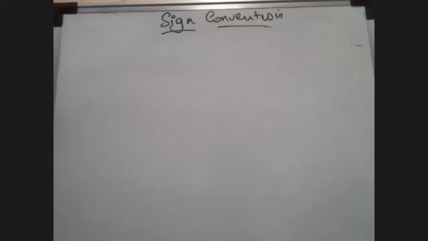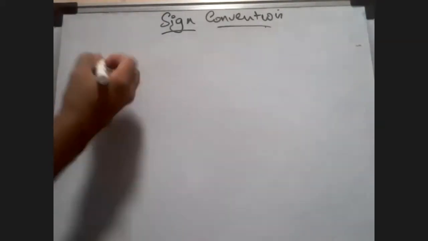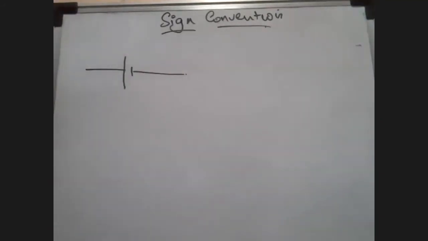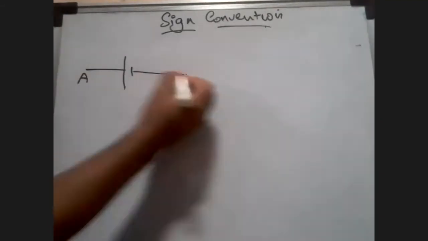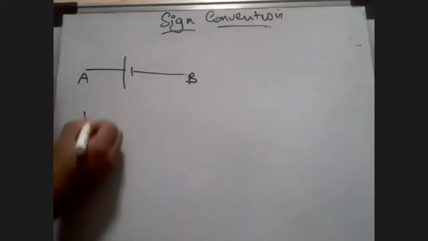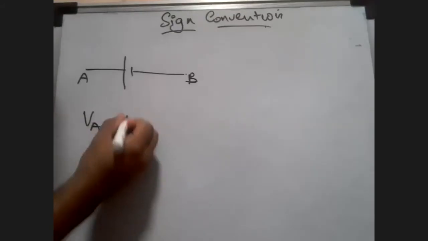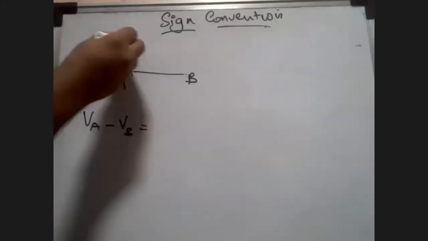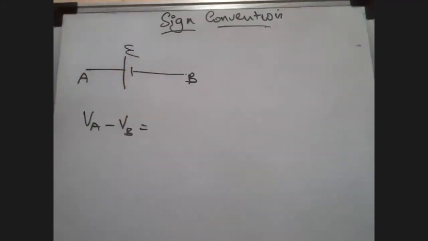KCL or whatever. See, when there is a battery over here like this, I name this point A and B. The last time I told you that VA minus VB will be equal to what? The difference between the potential will be what if this is epsilon?